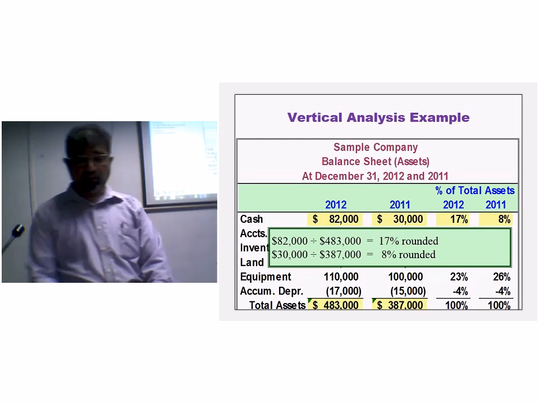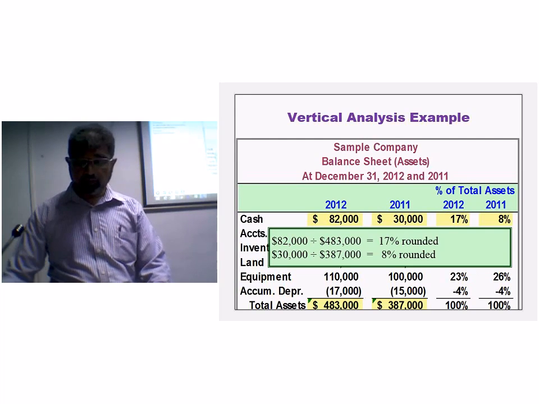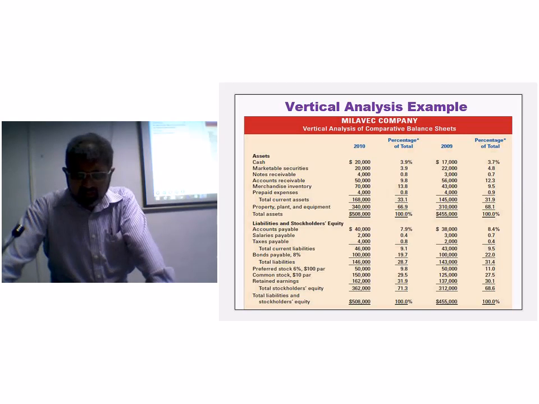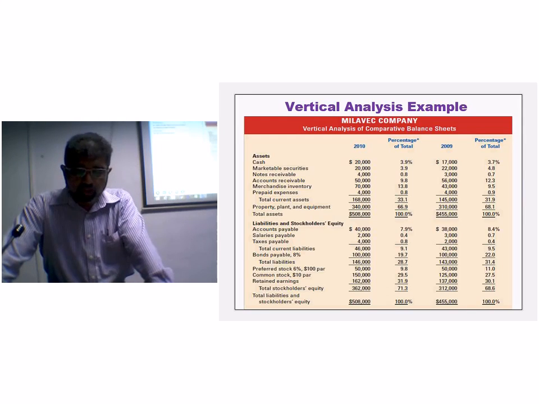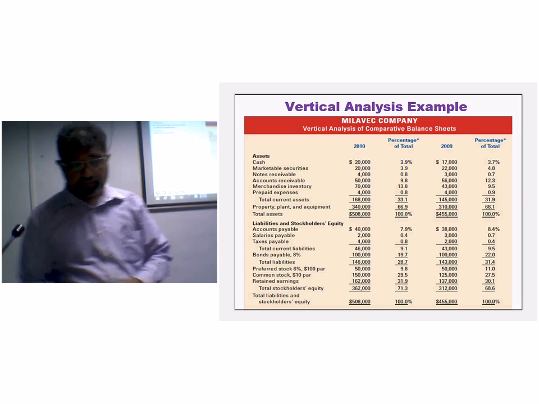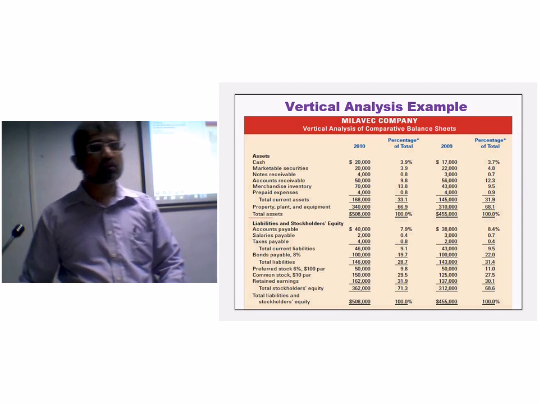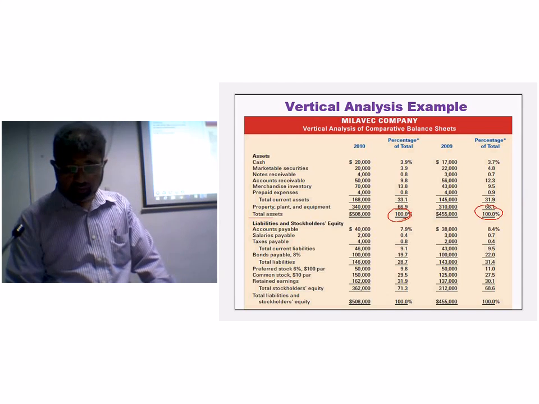Here you can see that calculation as I discussed earlier. I am not going to mention it again. Here you can see a common size financial statement for a particular organization. You are given percentages based on total assets. You can see total assets as 100, then others: 3.9 marketable securities.